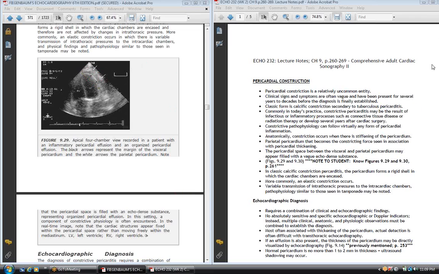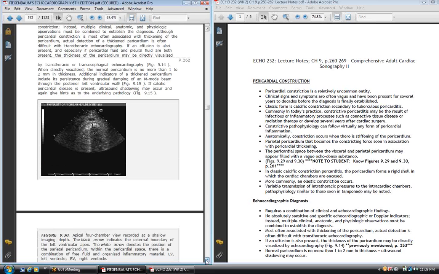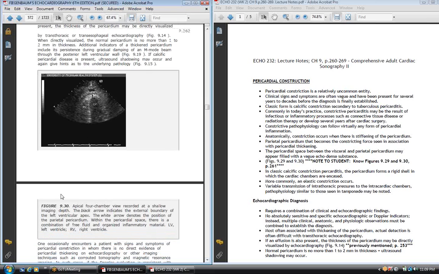If you go down and look at figure 9-30, and you should be aware of both of these figures because you will see them on your exam. This picture up here, the black arrow indicates the external boundary of the left ventricular apex.